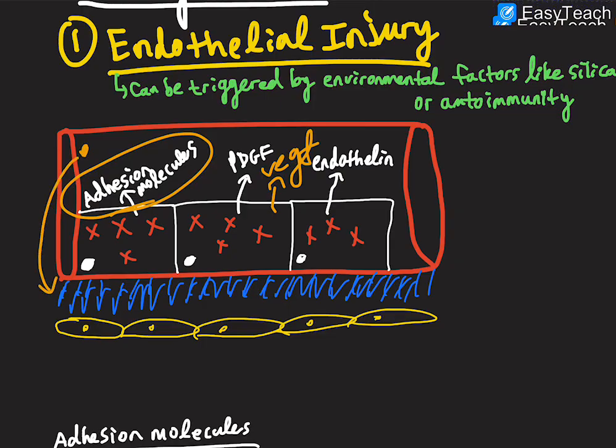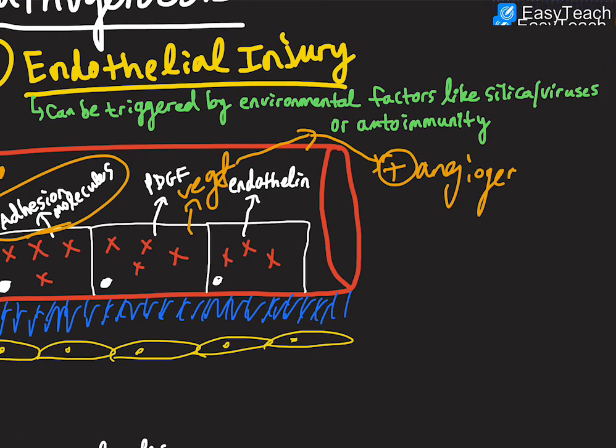Platelet-derived growth factor can stimulate fibrosis. Vascular endothelial growth factor can stimulate angiogenesis, which is the formation of new blood vessels. And endothelin leads to vasoconstriction.